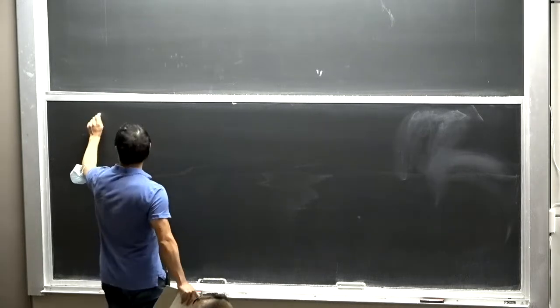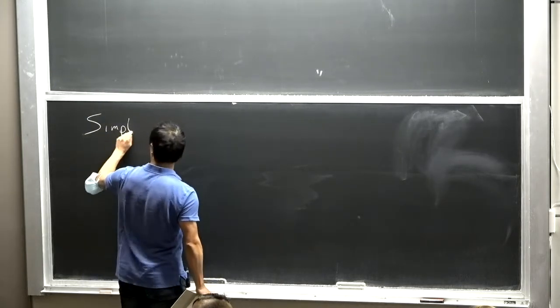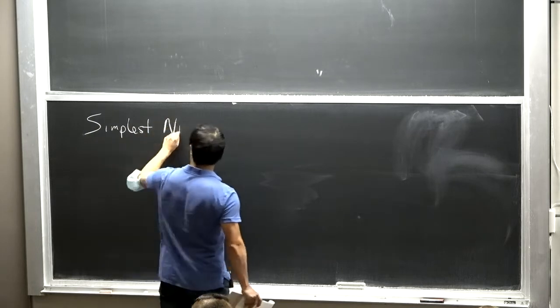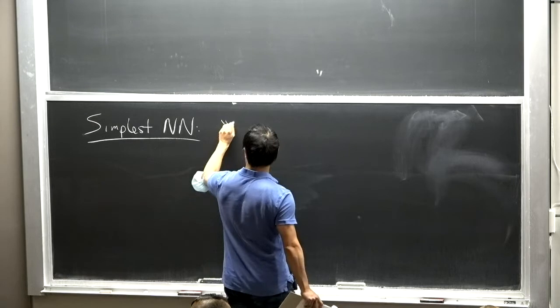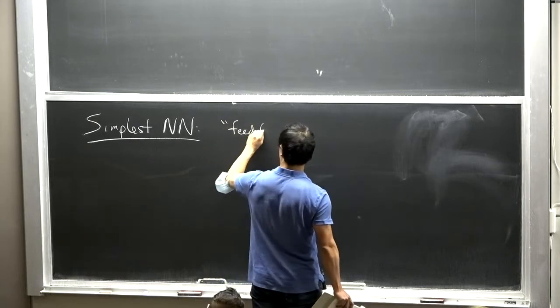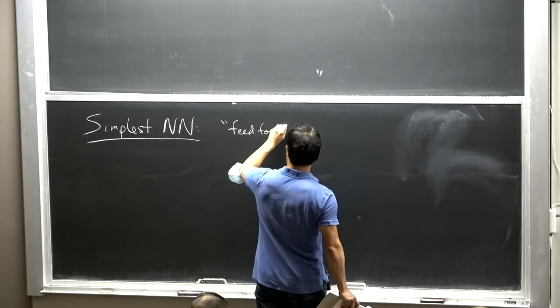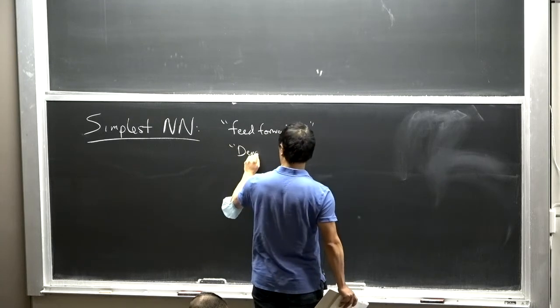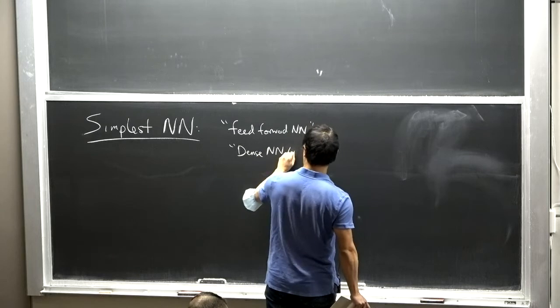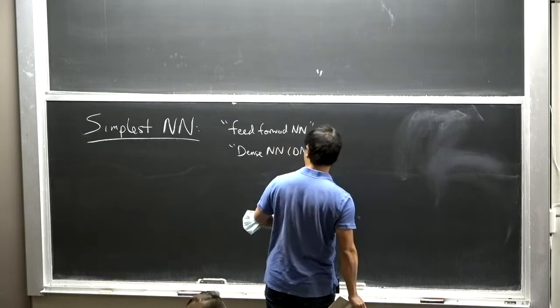All right, so let's start with the simplest neural network. It goes by many names. Some people will call it a feed-forward neural network or a dense neural network, sometimes abbreviated DNN.